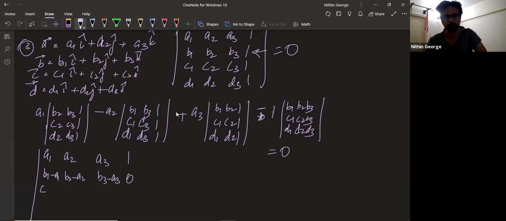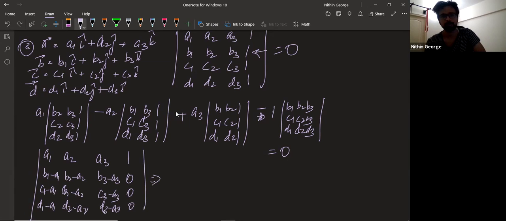Similarly, you subtract the first row from the others: c1 minus a1, c2 minus a2, c3 minus a3, d1 minus a1, d2 minus a2, d3 minus a3, and 0 comes here, and you get this as minus 1 into, when you expand all this, each of these 3 cross 3 determinants, instead of 1, 1, 1, 1, will have 0, 0, 0, 0. So they all become 0. You're left with only this part.